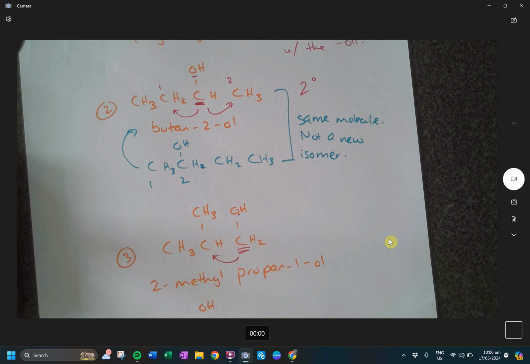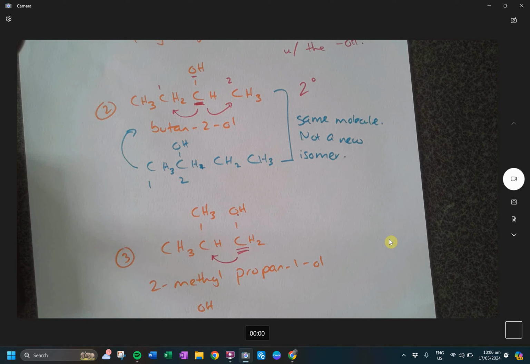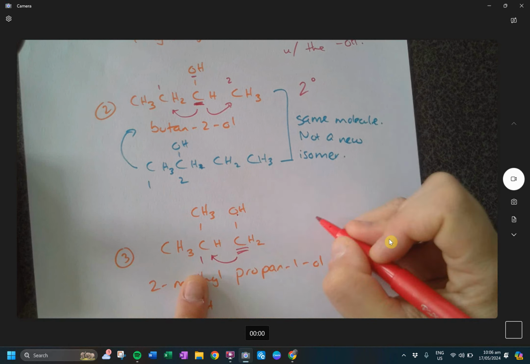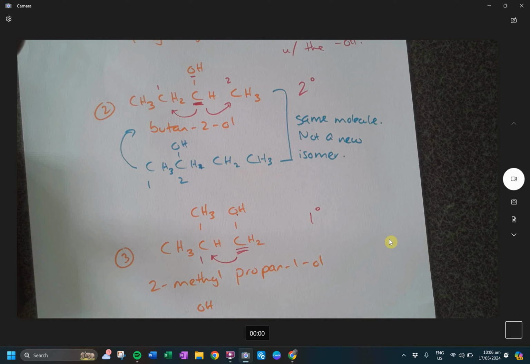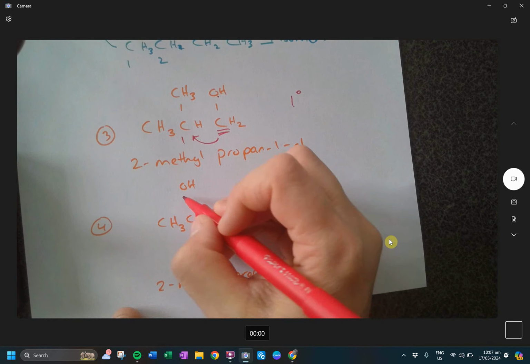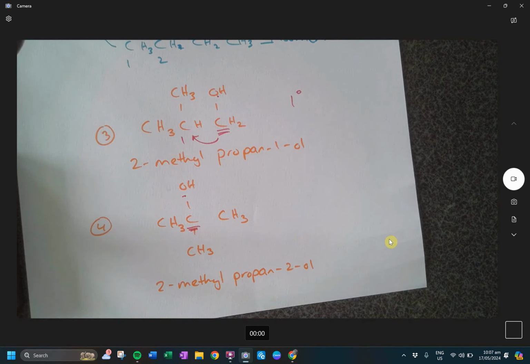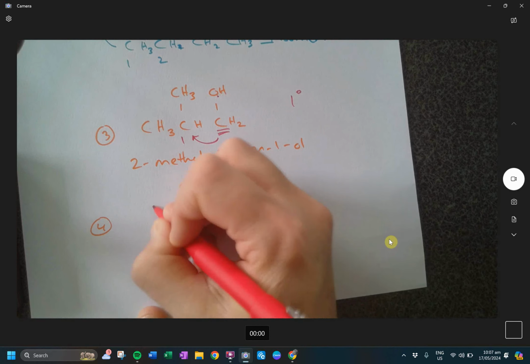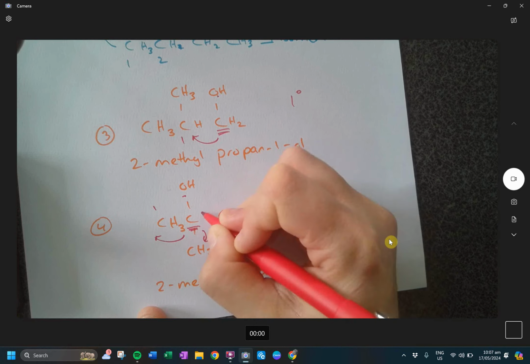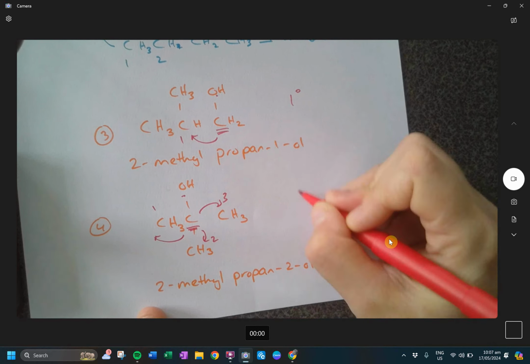Look to see how many are attached to that. Directly, not in the rest of the chain. Directly attached to it. 1. So this is primary. Okay. Last one here. Here's my alcohol. Here's the carbon. And directly attached to that carbon, 1, 2, 3, tertiary.